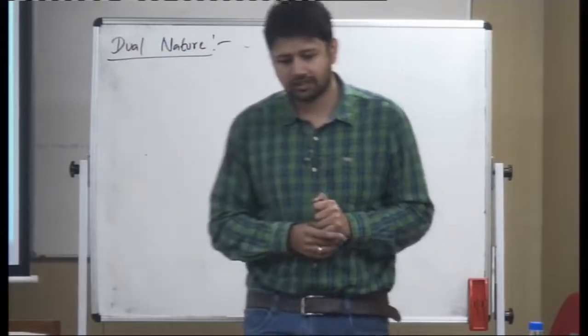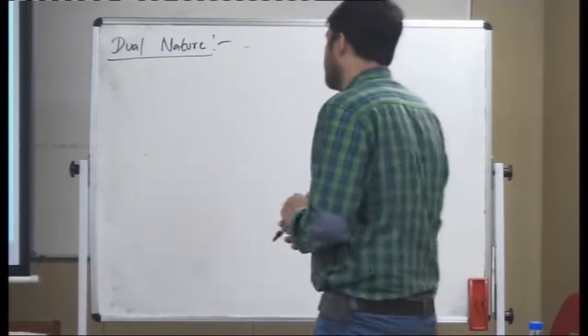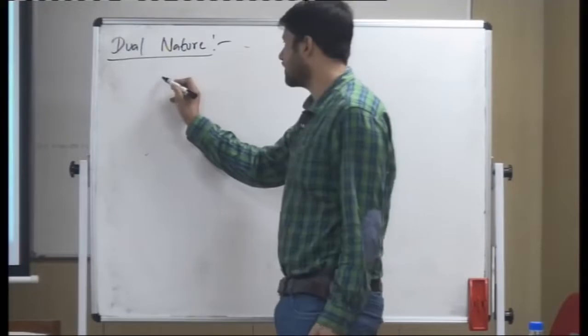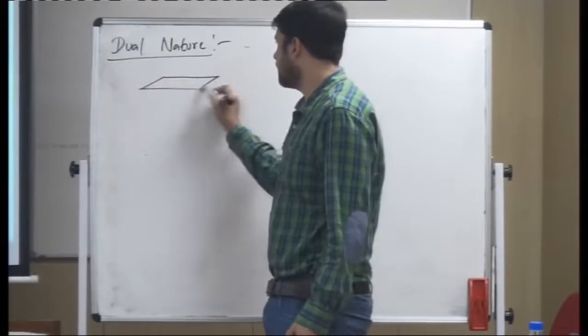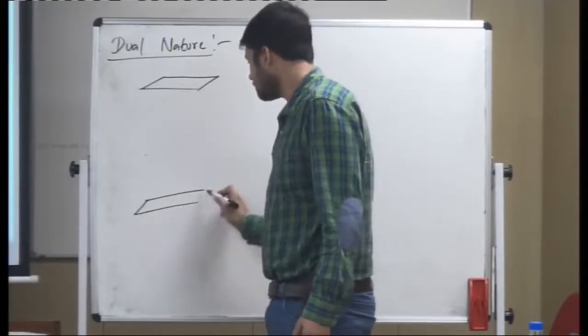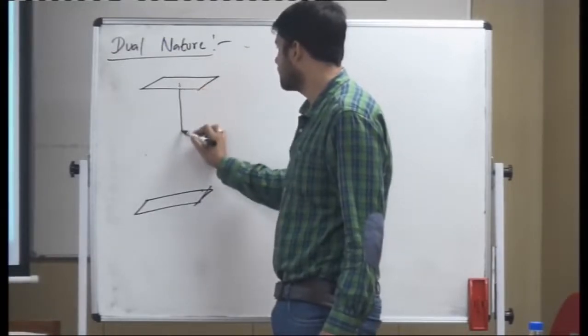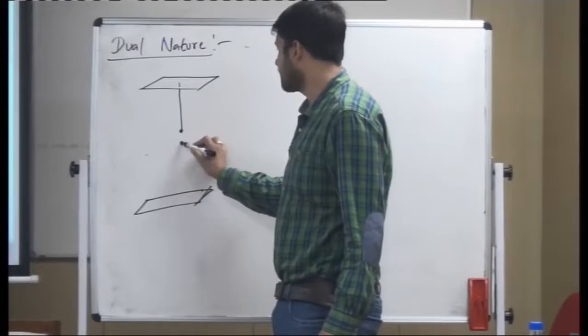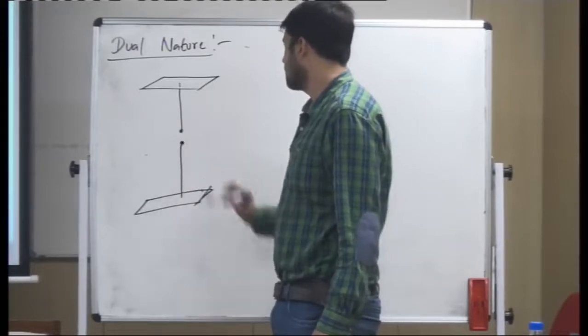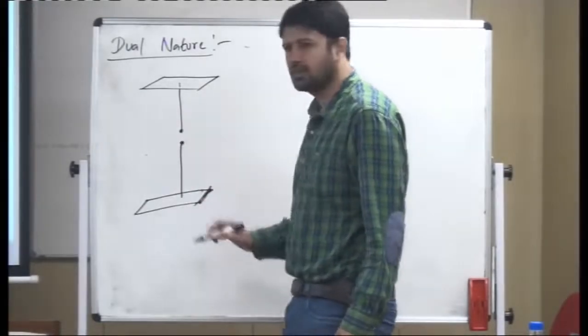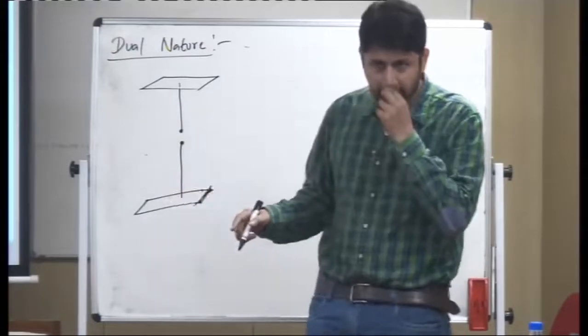Yesterday we were doing the Hertz experiment. When Hertz was performing his experiment, if you remember the diagram, there was something like this. These were two spheres, right? Another arrangement was also there.